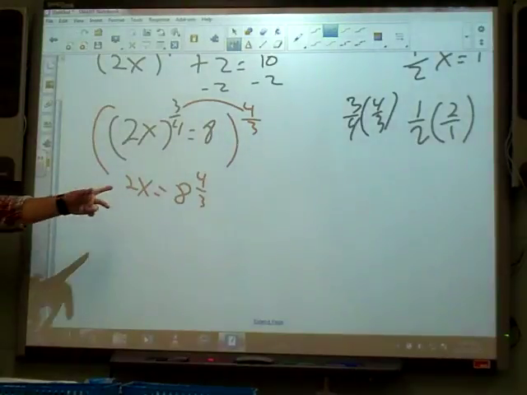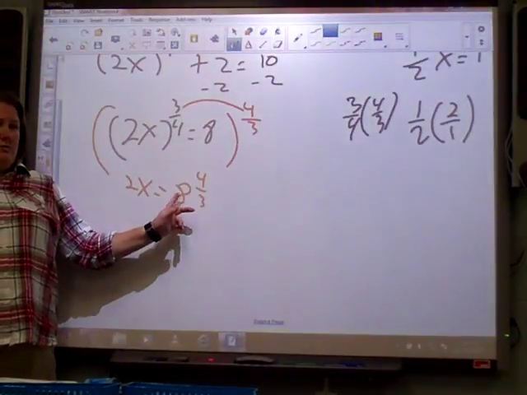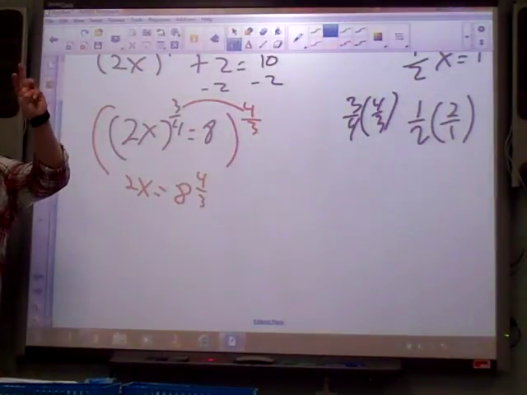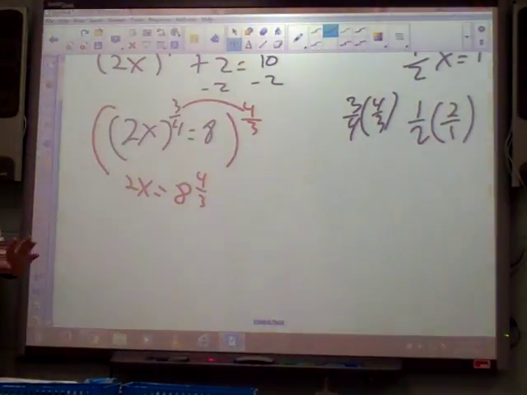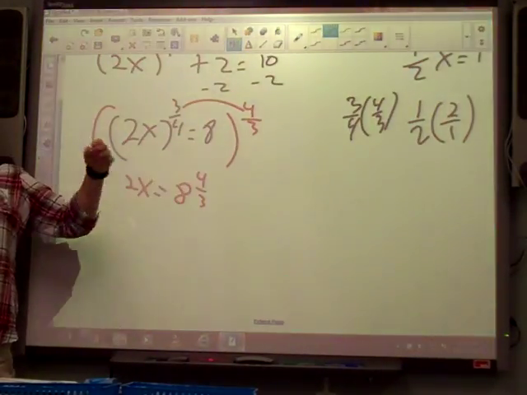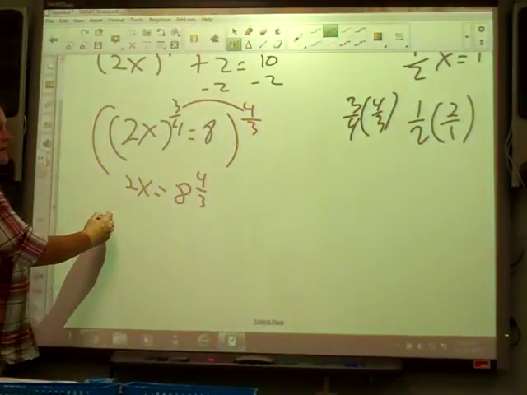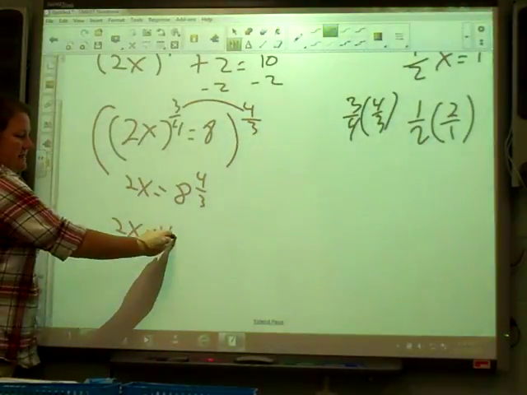Power over root. I know the cube root of 8 is 2. 2 to the 4th: 2 times 2 is 4, times 2 is 8, times 2 is 16. If you didn't know that, just do 8 to the 4/3 power in your calculator. It'll get you that. So I got 2x is equal to 16.